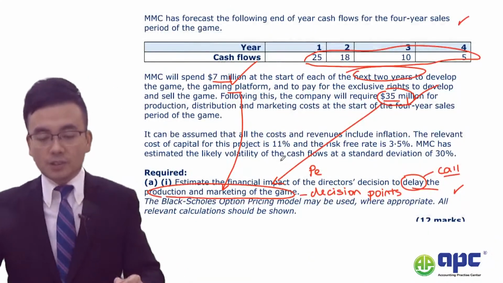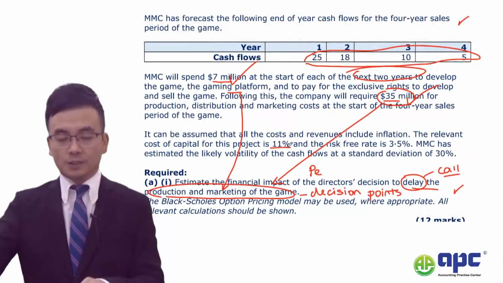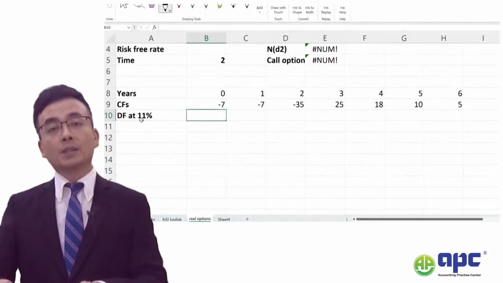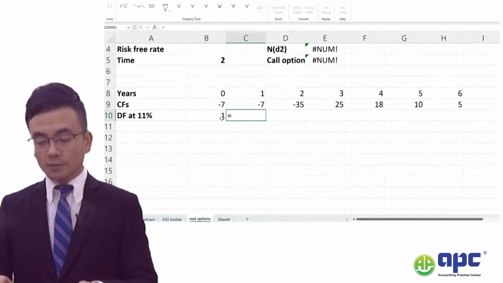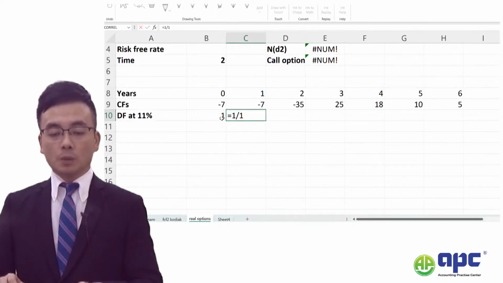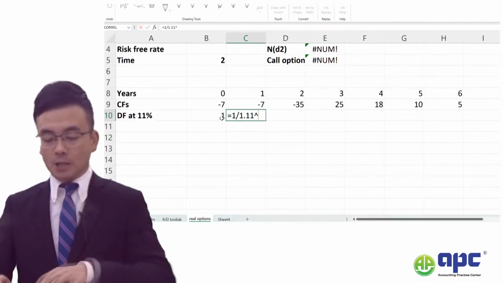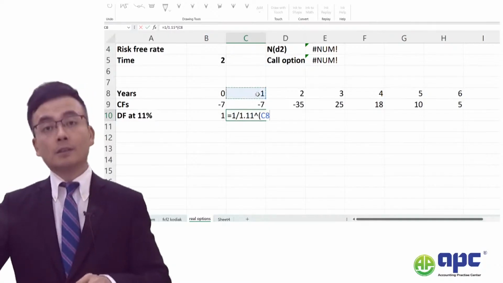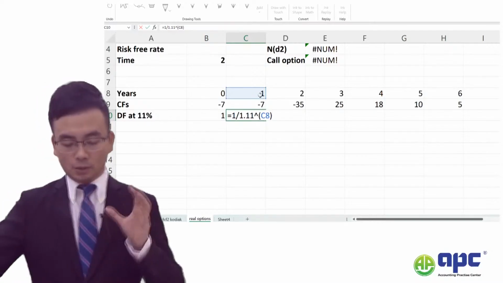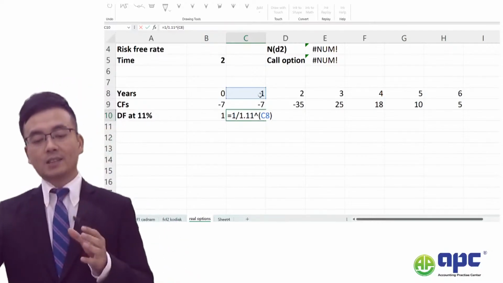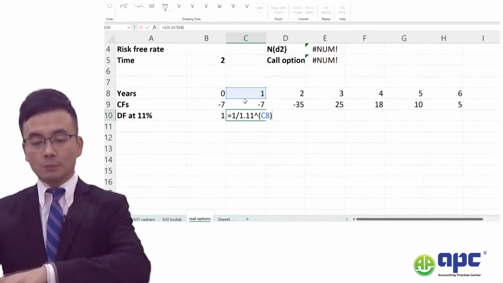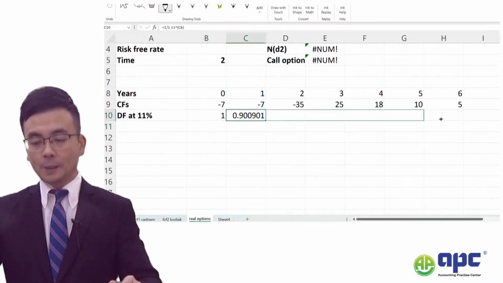And also we are told the relevant cost of capital is 11%, so discount at 11% there. So year 0, that will be 1, and year 1, that will be 1 over 1 plus 11%, which means 1.11 to the power of 1 year. Okay, so press Shift and number 6, and that will give us the power, open a bracket and select the number of years. Press Enter, and we drag it here.